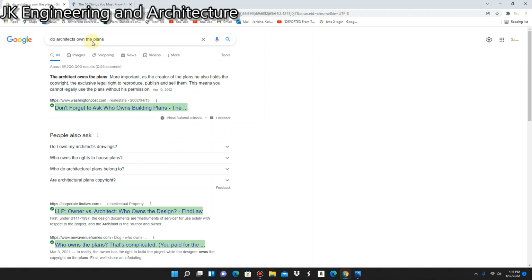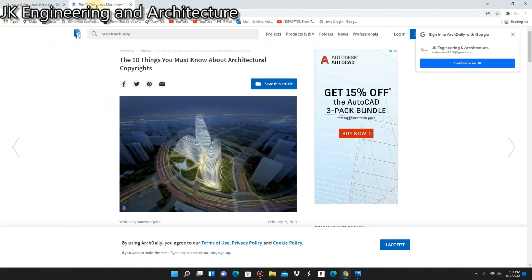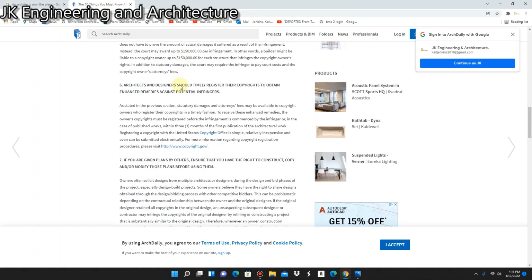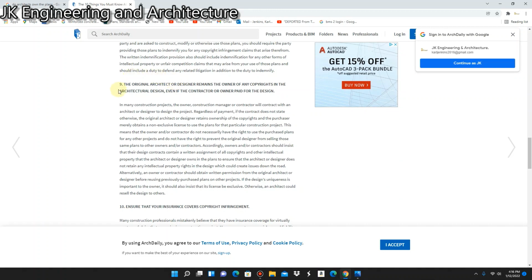In furtherance to that, I have also Googled the 10 things you should know about architectural copyright. And I'm going to read for you number 9. Number 9 states that the original architect or designer remains the owner of any copyrights in the architectural design, even if the contractor or owner pay for the design.